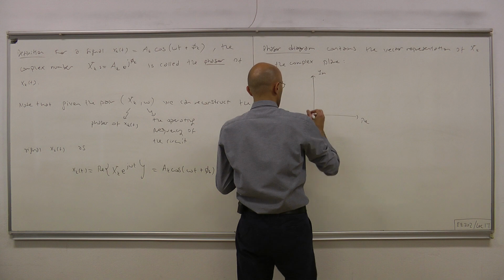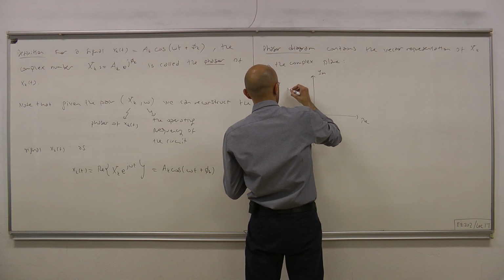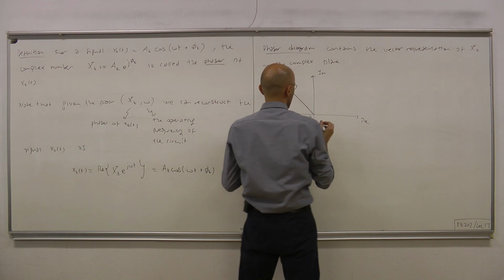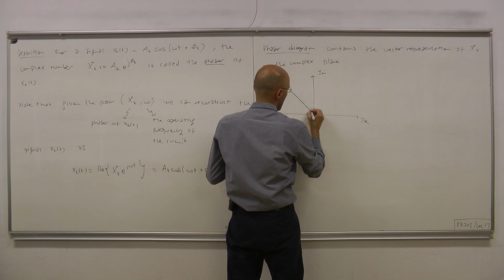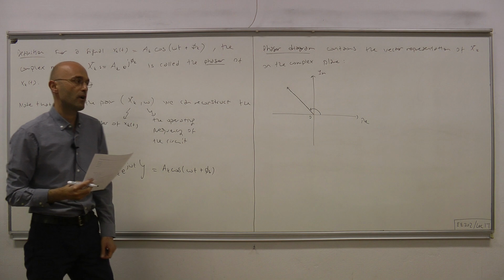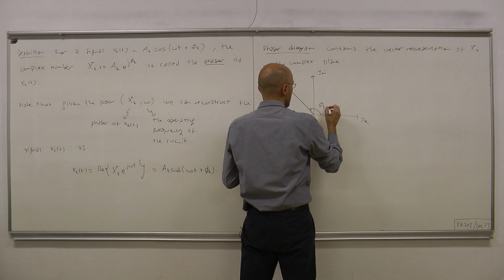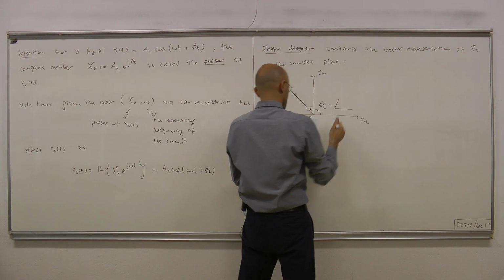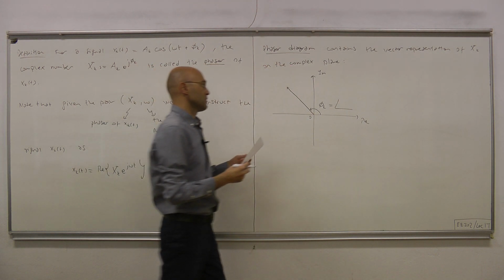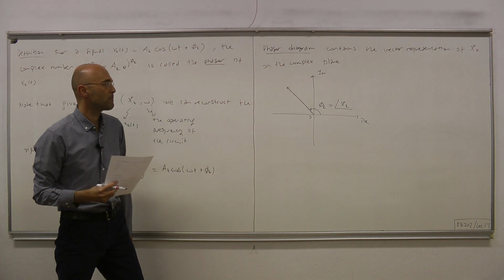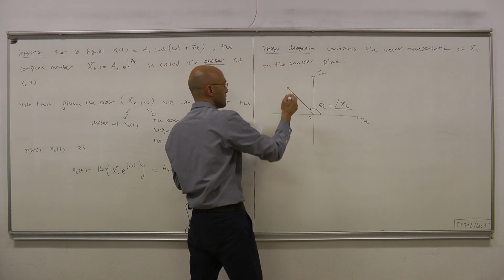So for instance, for our phasor or our signal, this is the phase phi k, sometimes denoted through the following notation, the phasor of this complex number. And here we have a vector.